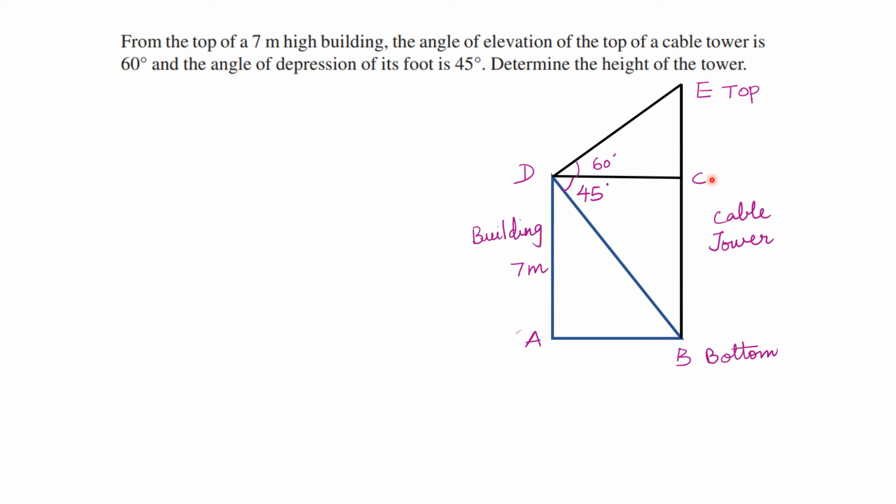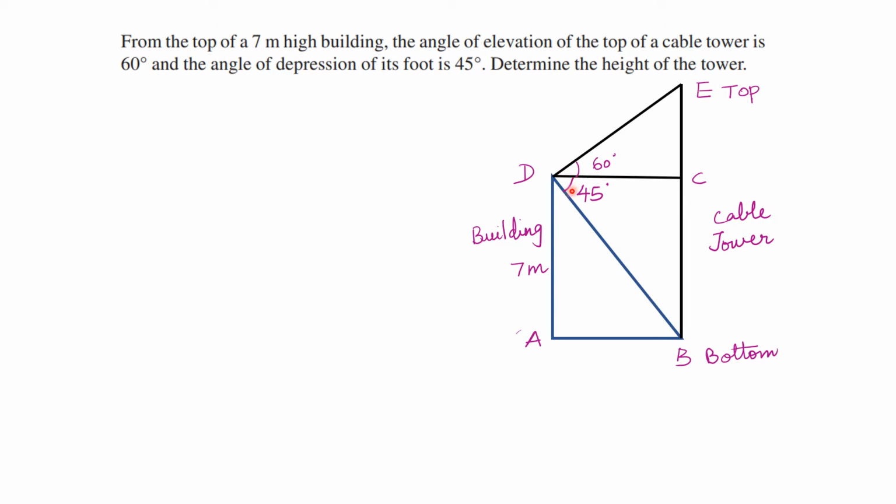Usually you should understand that the tower is taller than the building. Now the building height is 7 meters. From the top of the building, they're watching the foot of the tower, right? So it's given as angle of depression is 45 degrees, and you can take BC as your line of sight.